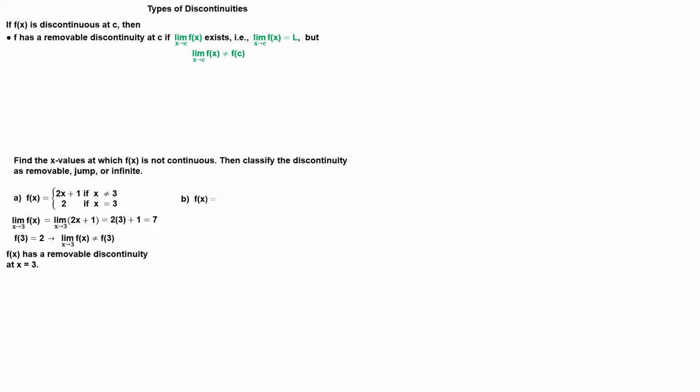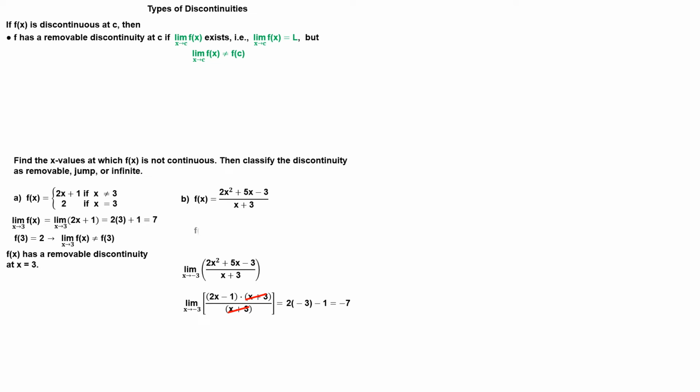Let's see another example. We can see that the function is not defined at -3, but we can evaluate the limit as x approaches -3 by factoring the numerator. After cancelling the common factor, we obtain the limit.